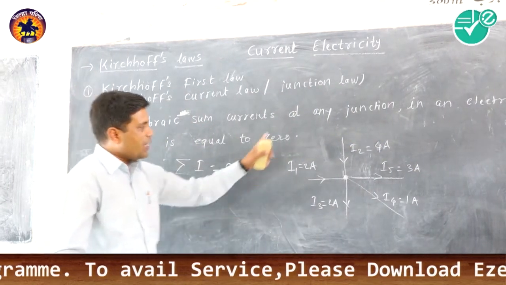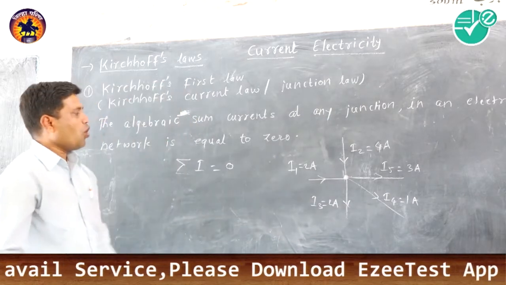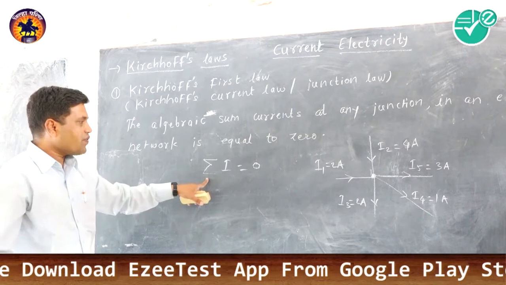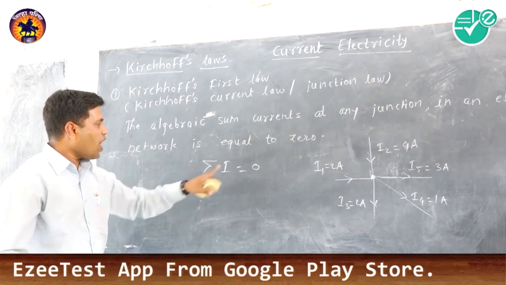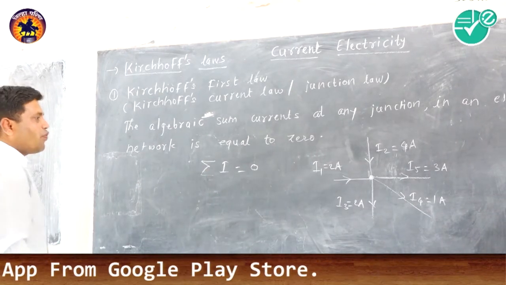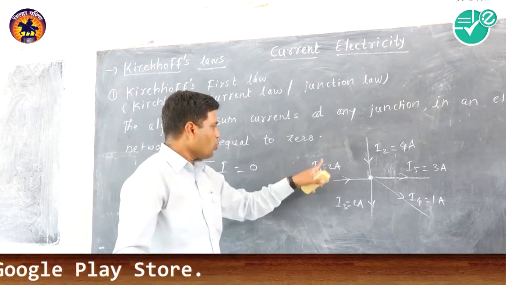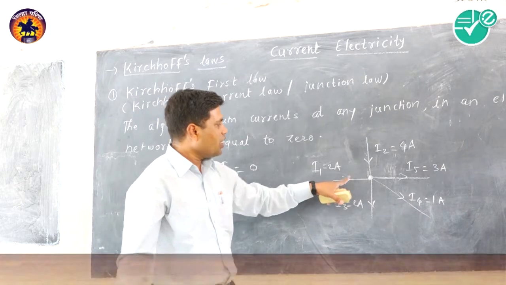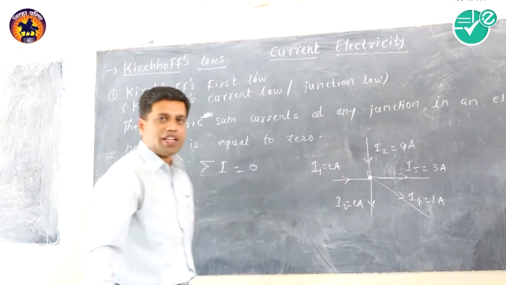If you apply Kirchhoff's current law to this junction, then we should satisfy this equation, that is, summation of I is equal to 0. According to the law, the current flowing towards the junction is treated as positive and the current moving away from the junction is treated as negative.